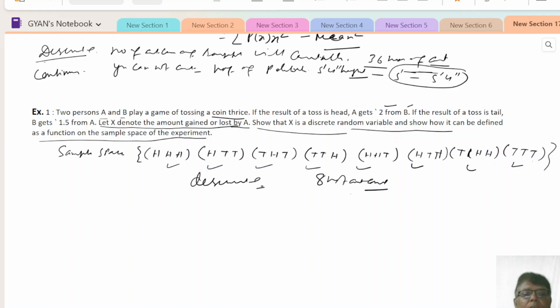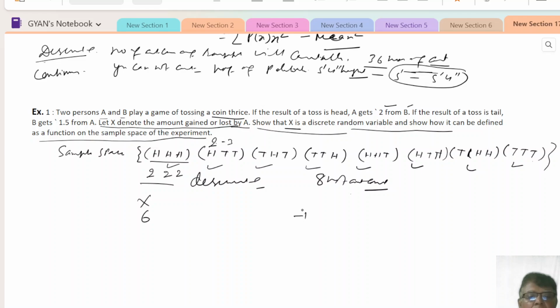Now what is X? X is the amount gained or lost by A. So if 3 heads come, then he will get 2, 2, 2. That means 6. So one X is 6. Here he will get 1 and he will lose 3, that is minus 1.